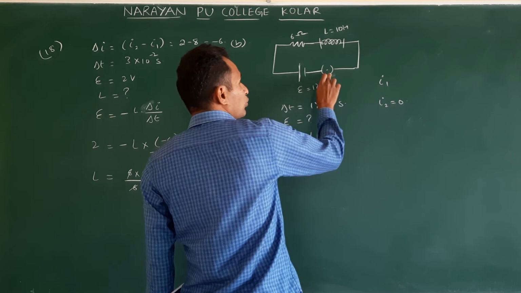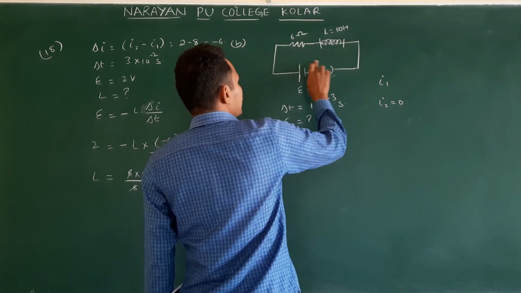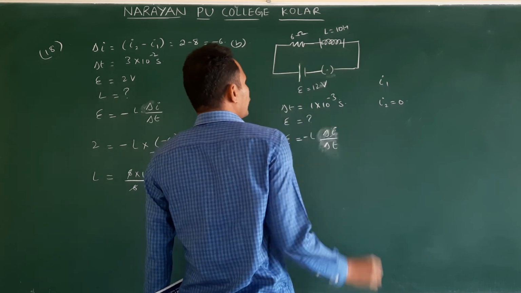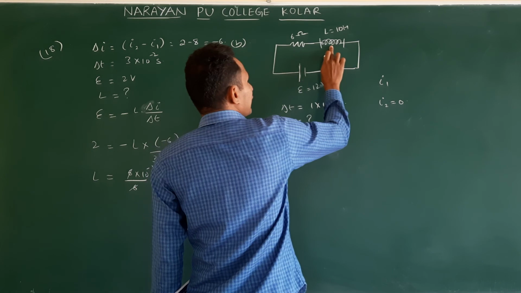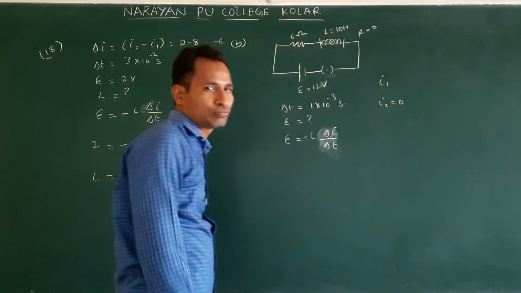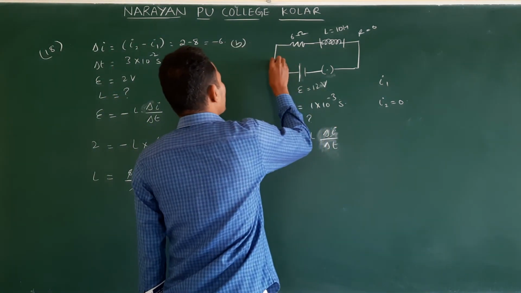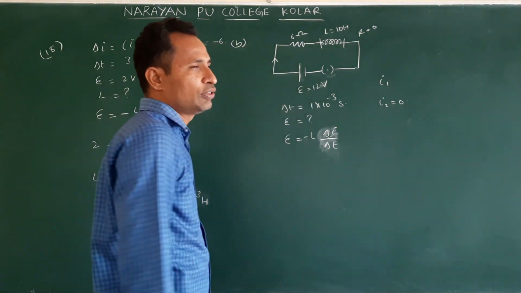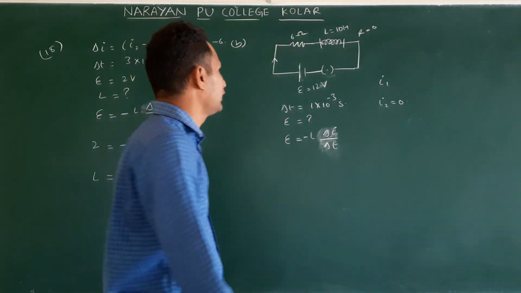As soon as switch is closed, current flows through the circuit. Inductor offers resistance R is equal to 0. If the DC current flows, it does not offer any resistance. AC current flows, that we will see in the next lesson.